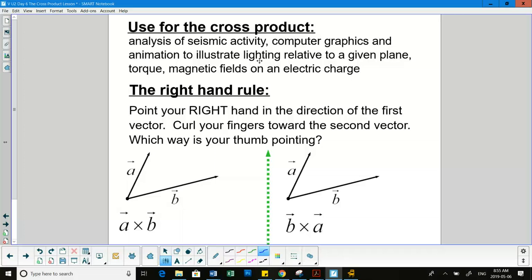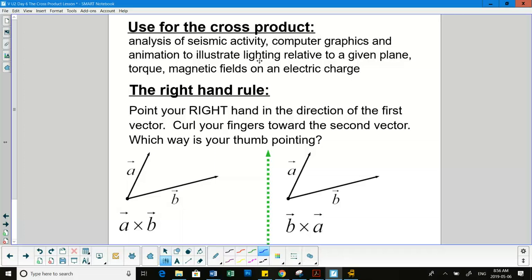In example number 1, we're doing A cross B. I want to align my hand with the vector we start with, and curl my fingers toward the other vector.